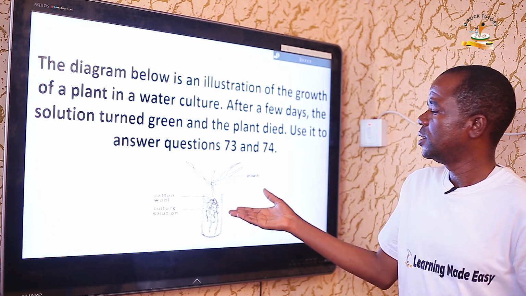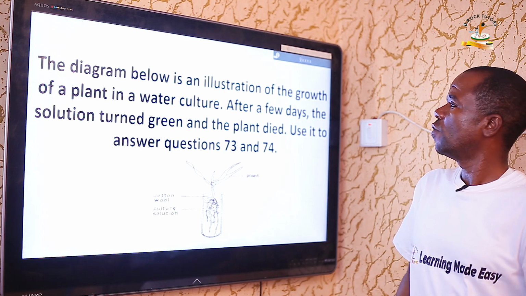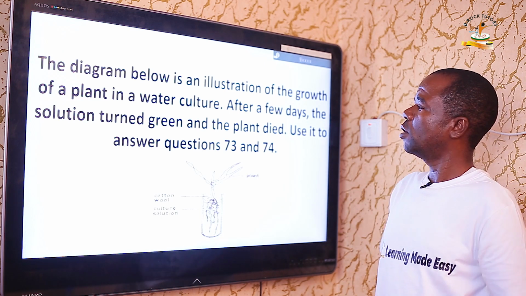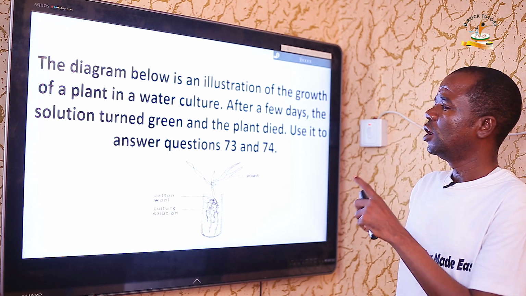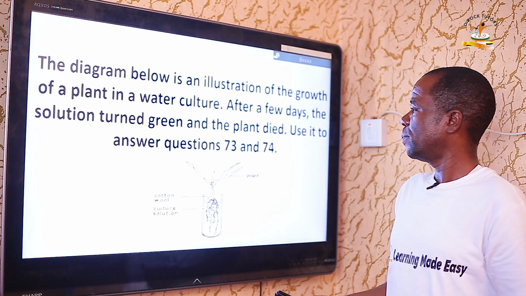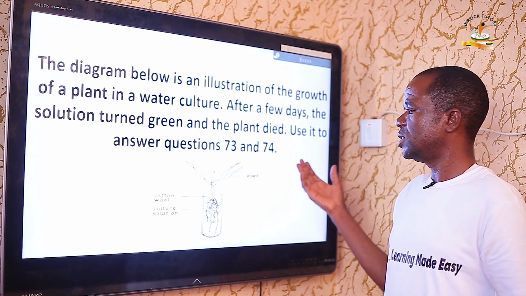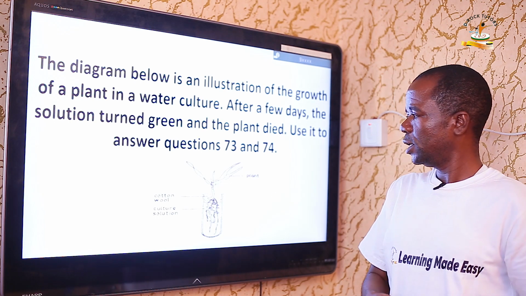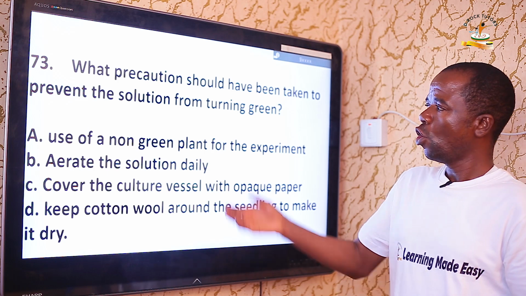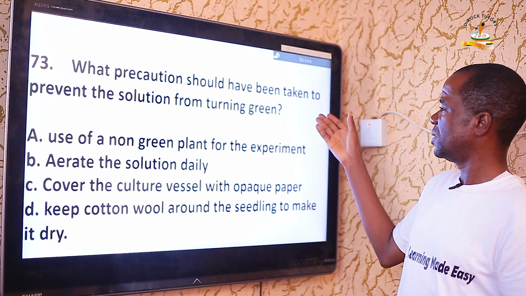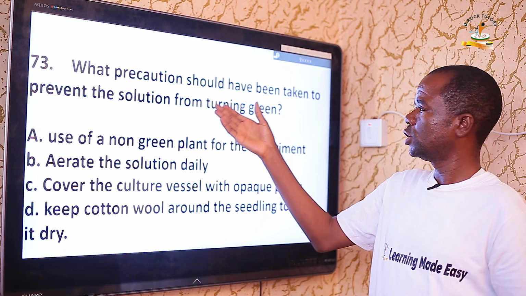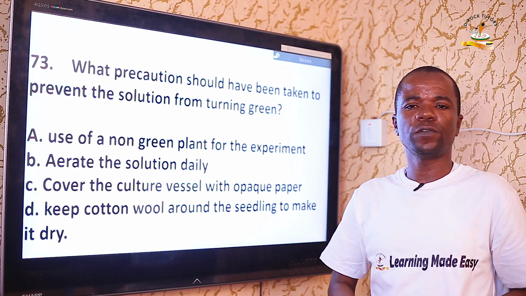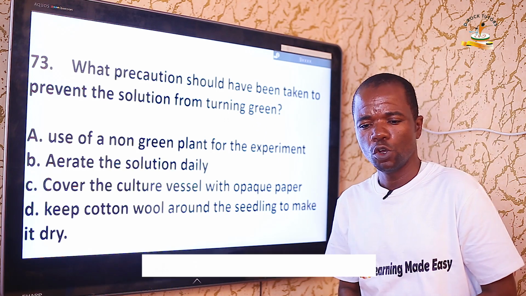Number 73. The diagram, you can see the diagram here, is an illustration of the growth of a plant in a water culture. After a few days, the solution turned green and the plant died. We have to use this to answer questions 73 and 74. Let's take a look at question 73. What precaution should have been taken to prevent the solution from turning green? First things first, what made the solution turn green?